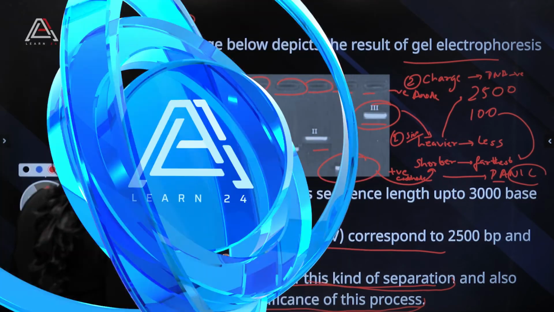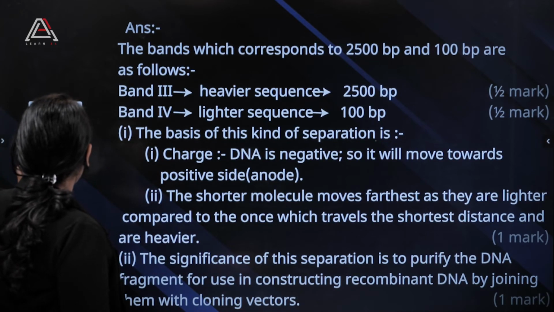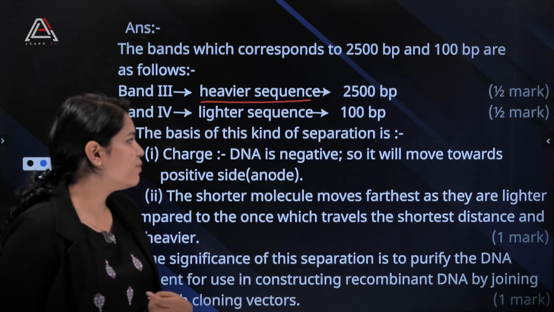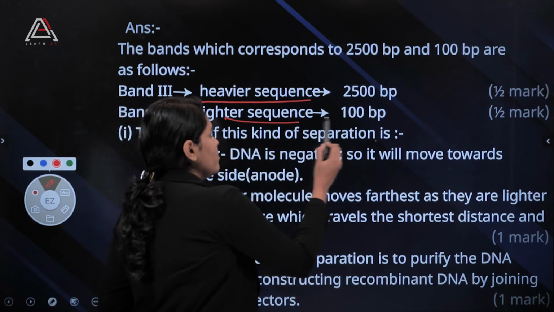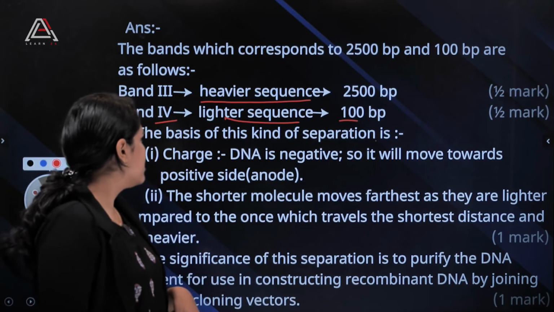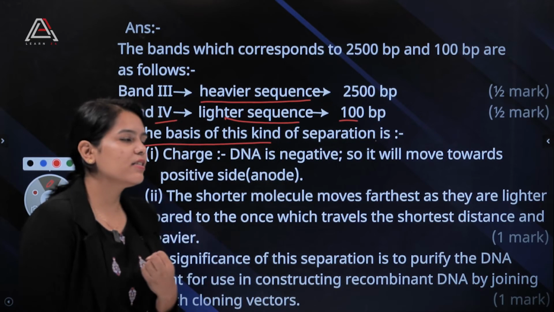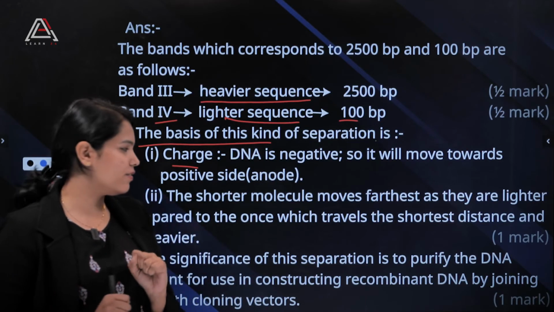Now let's see the answer. As I said, band 3 belongs to the heavier sequence, that is of 2500 base pair, and band 4 is that of a lighter sequence, that is 100 base pair. The basis of this kind of separation is charge, that is, DNA is negative, so it will move to the positive side.